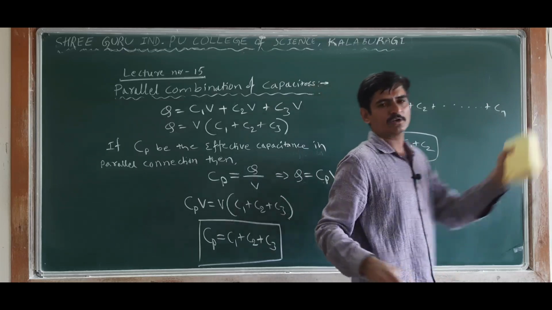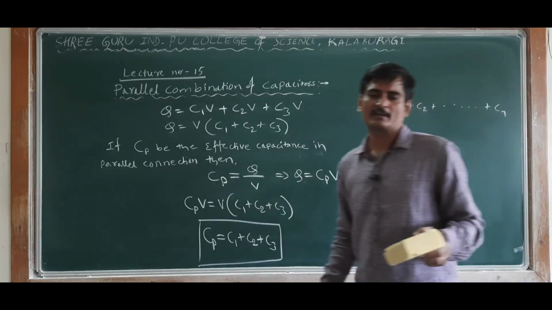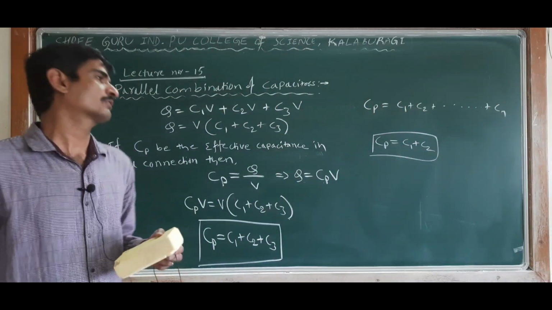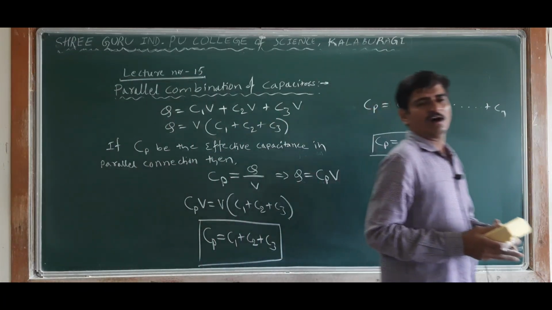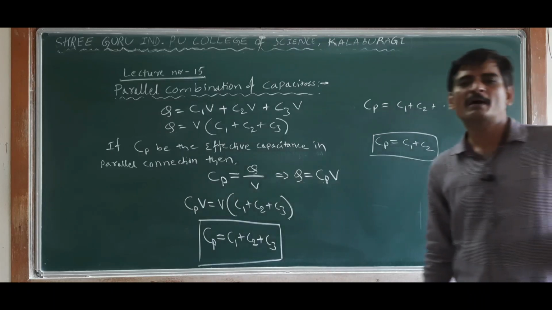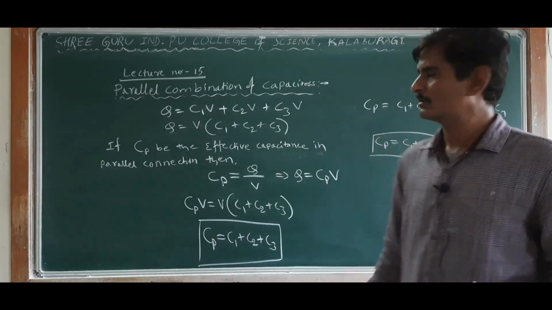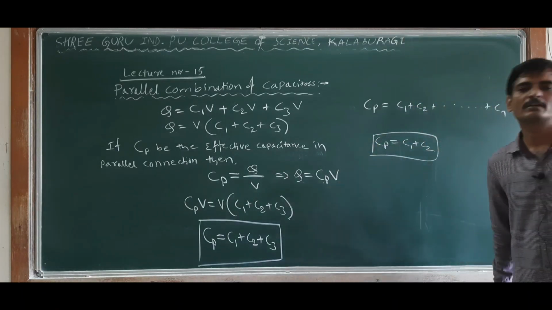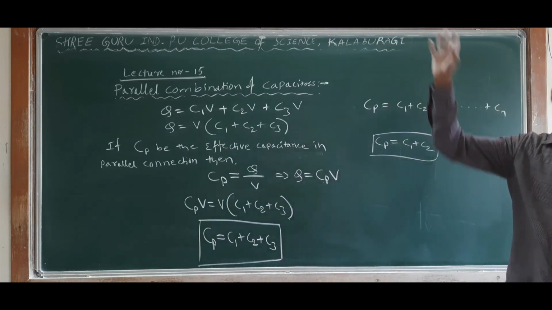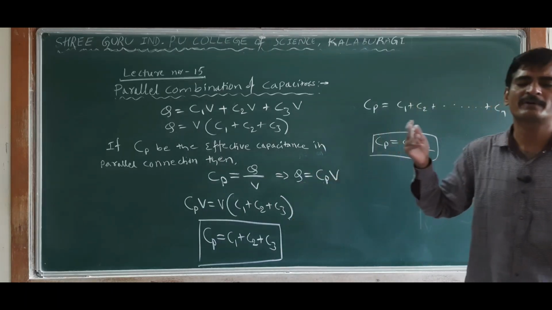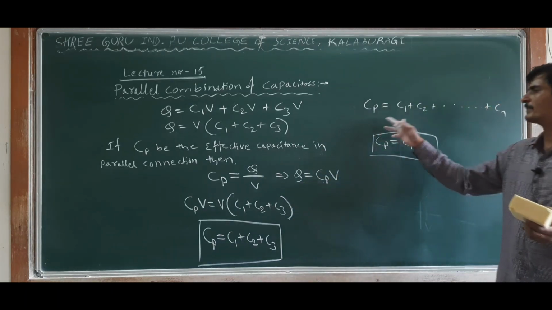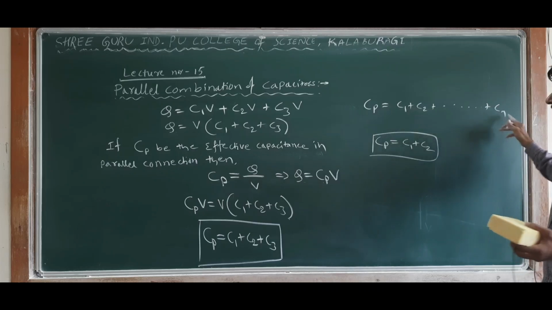So from the beginning you consider only two capacitors: let us consider two capacitors C1 and C2 connected in parallel. According to the question, you have to make the answer. Understood? If they ask only for two capacitors, write for only two capacitors. If they ask for three capacitors, write for three capacitors. If they ask for n capacitors, write this extra one step.